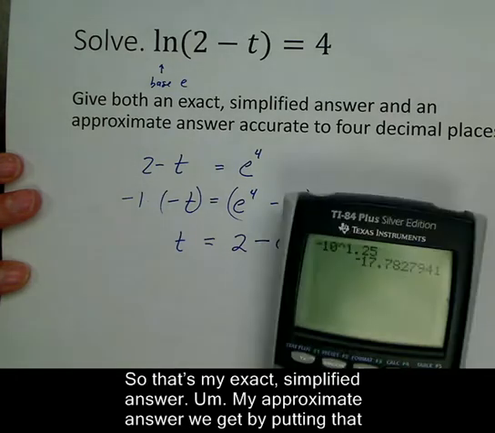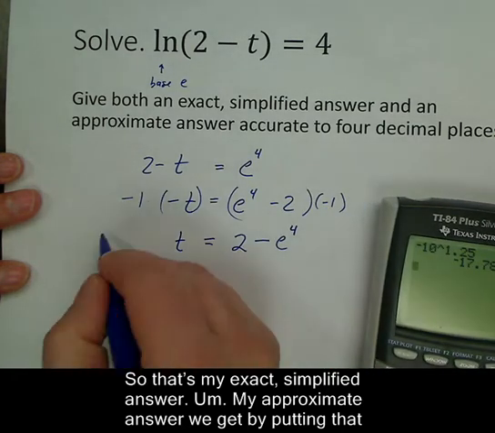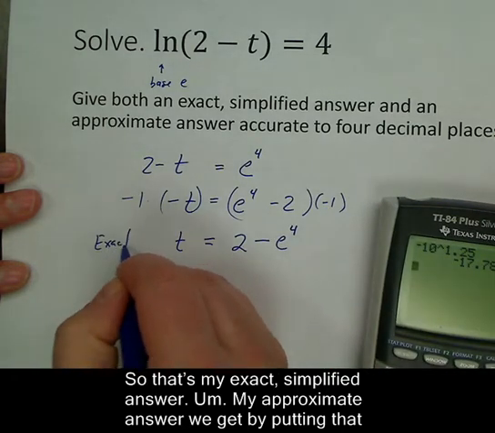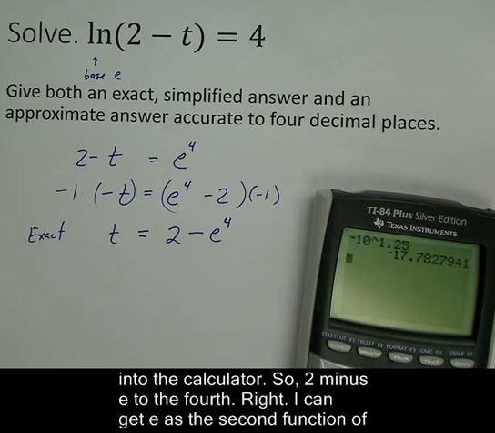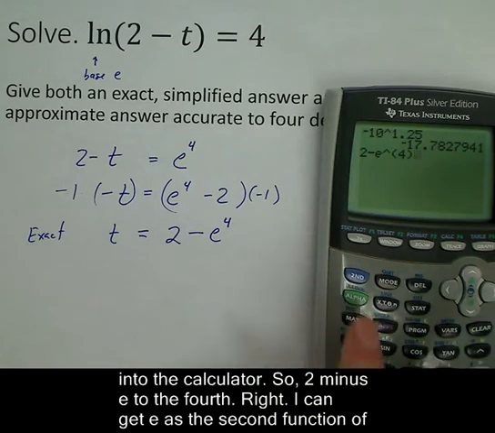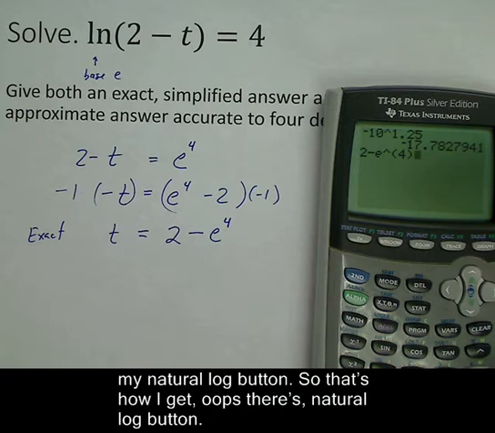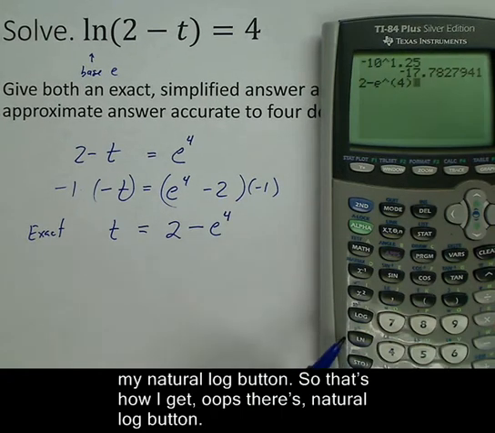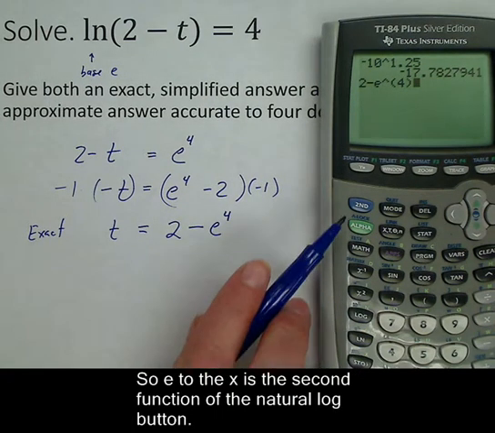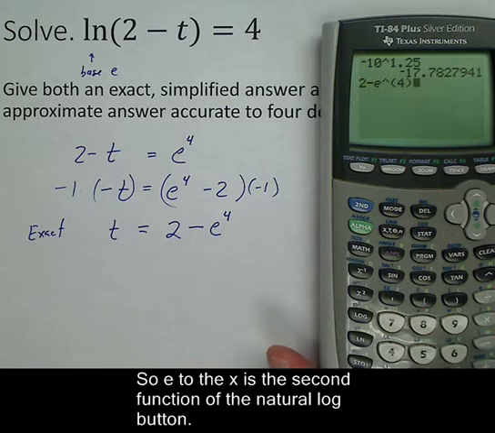My approximate answer we get by putting that into the calculator. So 2 minus e to the fourth, right? I can get e as the second function of my natural log button. So e to the x is the second function of the natural log button.